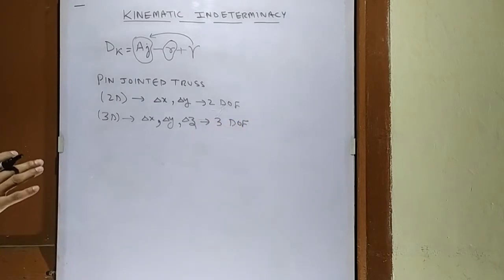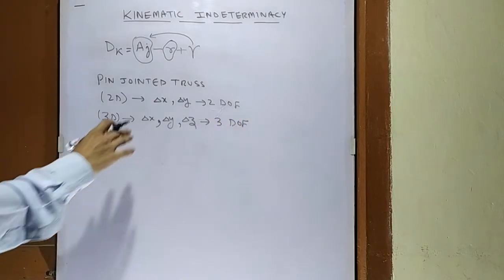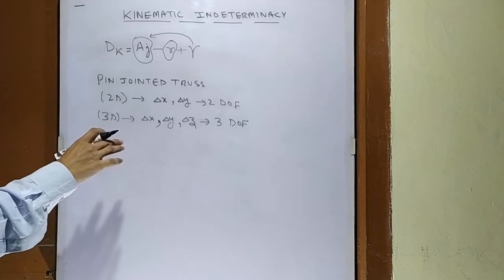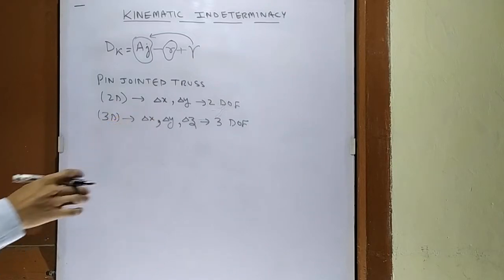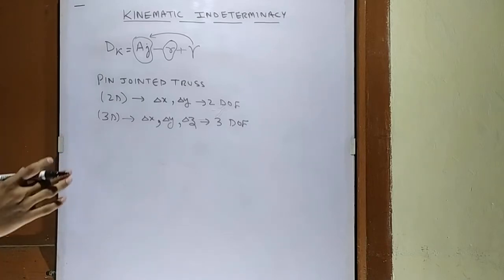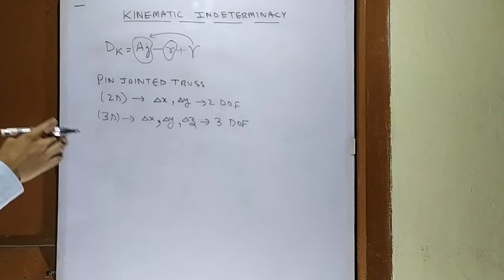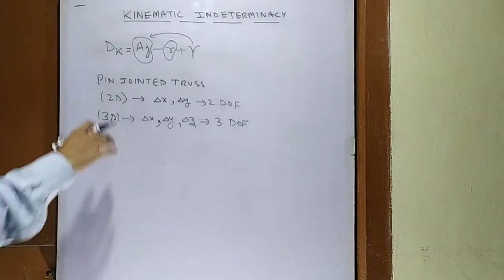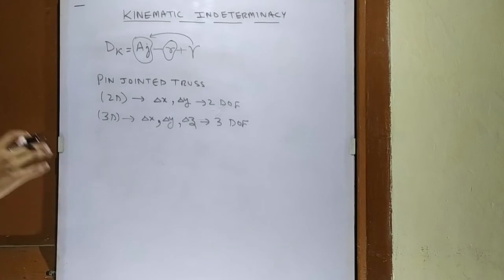If you have some problem understanding what degree of freedom is, you can watch the video which I will create very soon in this series, and you can find the link in the description. After watching that video you will have a very clear understanding of what degree of freedom is and how many reactions are available at each support, and then you can understand this kinematic indeterminacy very well.